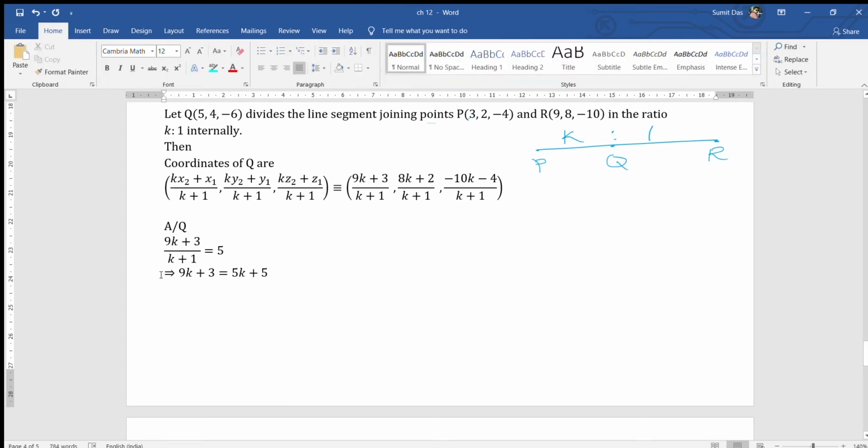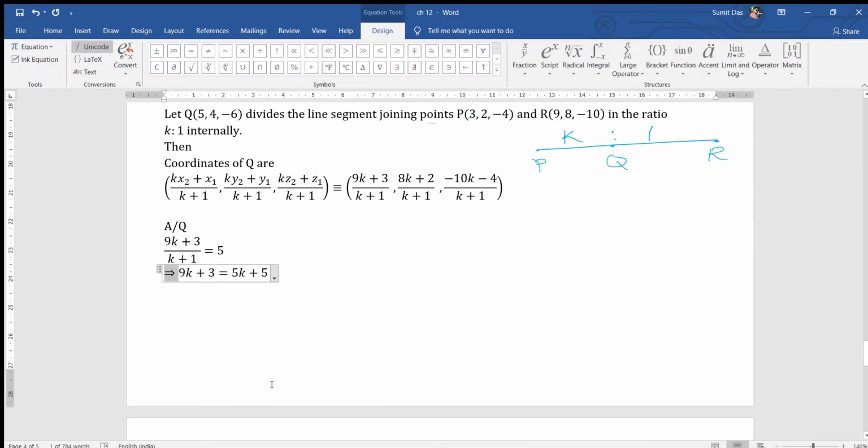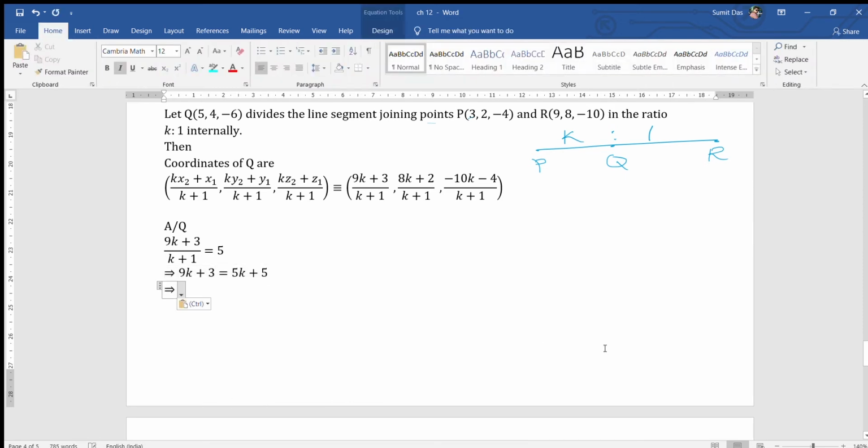Then we take 9k minus 5k, and the right side will be 5 minus 3. So it will be 4k equal to 2.